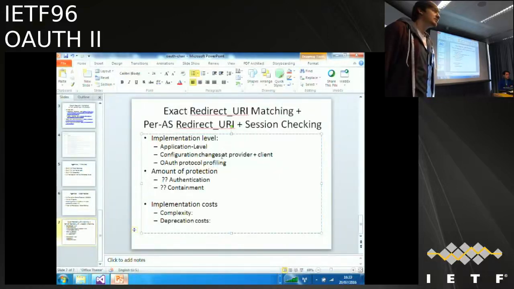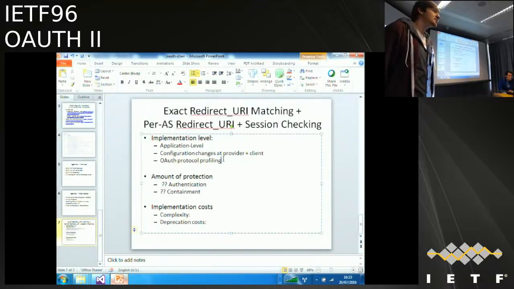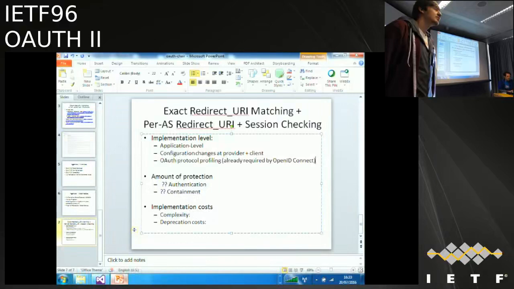We are, for example. So any client that wants to get protected today can do it today. Also at Trier, one of the researchers noticed that of the 33 apps that they investigated, 100% of them were actually using per AS redirects. So actually those clients and the server they were using was completely already protected against mix-up.